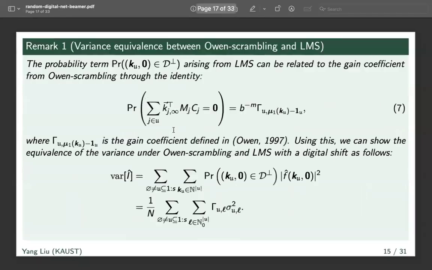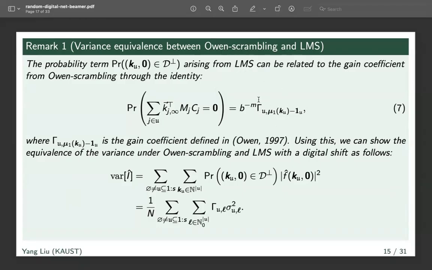And with this result, we can also connect these two randomizations in this digital net, the Owen scrambling and the linear matrix scrambling. We derive this probability, and we use this identity to connect these two properties. So this left-hand side is the probability term arising from the linear matrix scrambling.